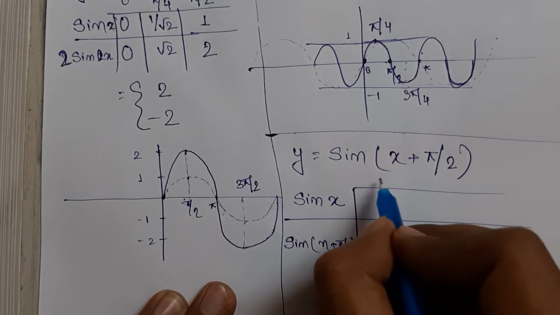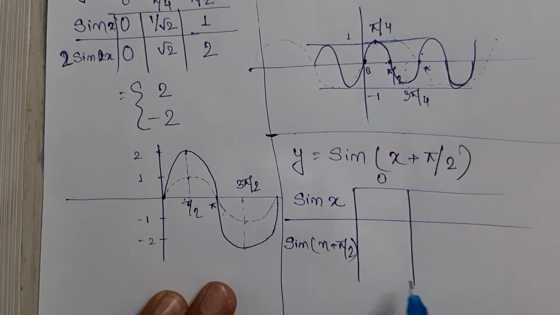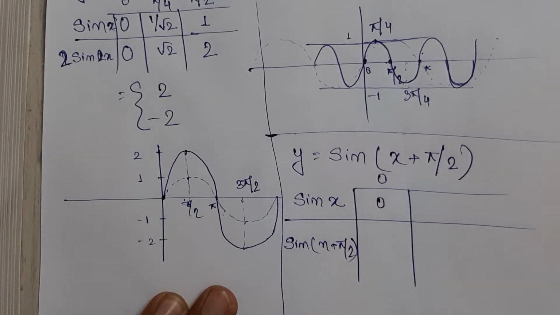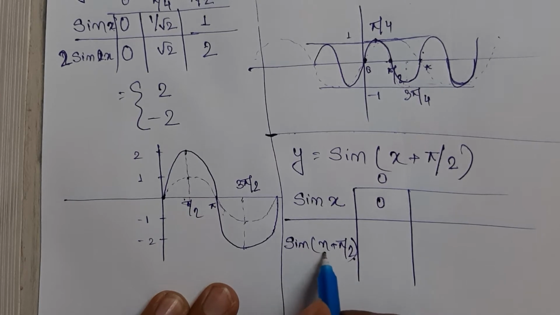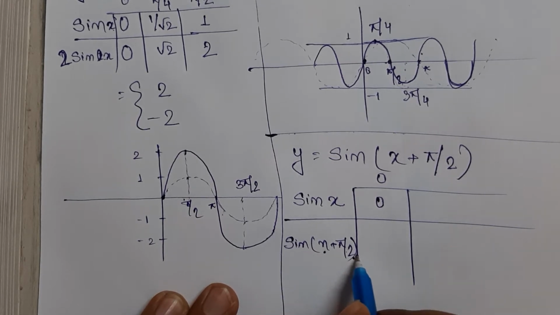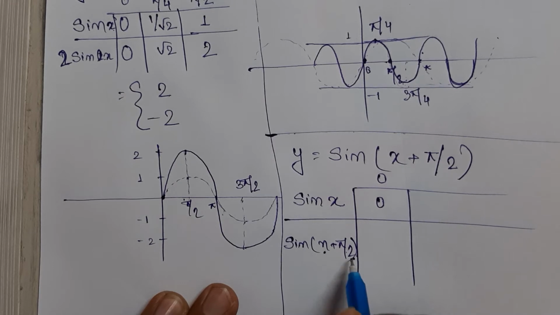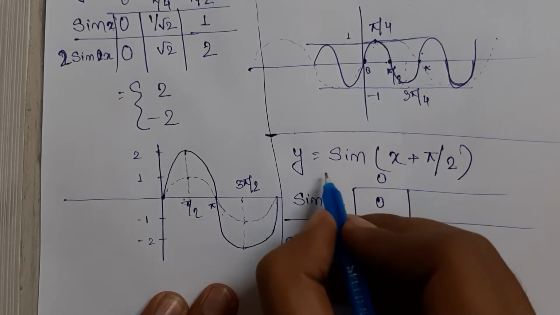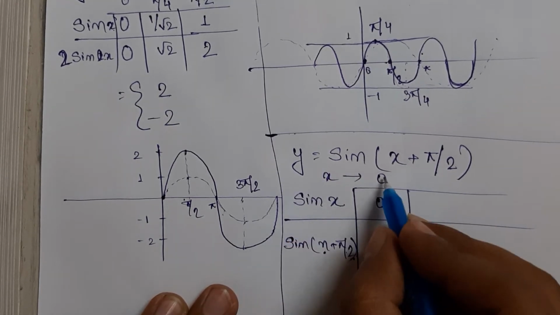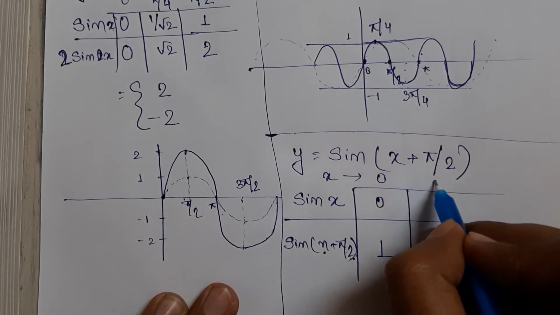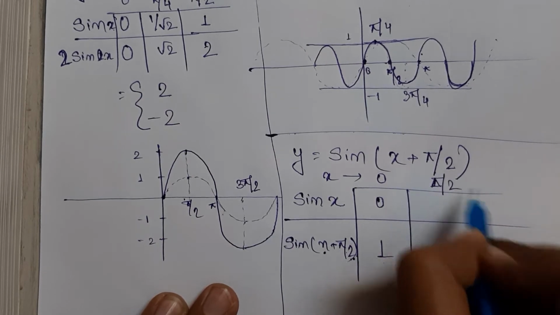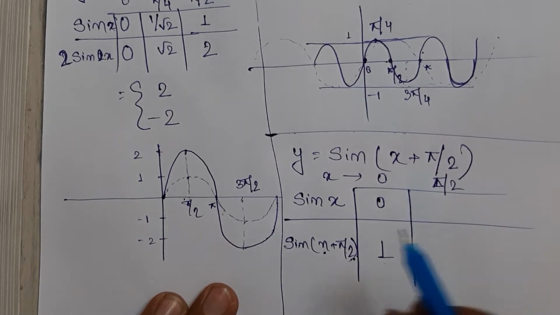Now when x value is 0, sin x will give 0, right? And when x value is 0, it will give sin of 0 plus pi by 2, that means pi by 2, it means it will give 1. Means for x equal to 0, sin of x plus pi by 2 will give 1. Now for x equal to pi by 2, what will it give? Let us see.